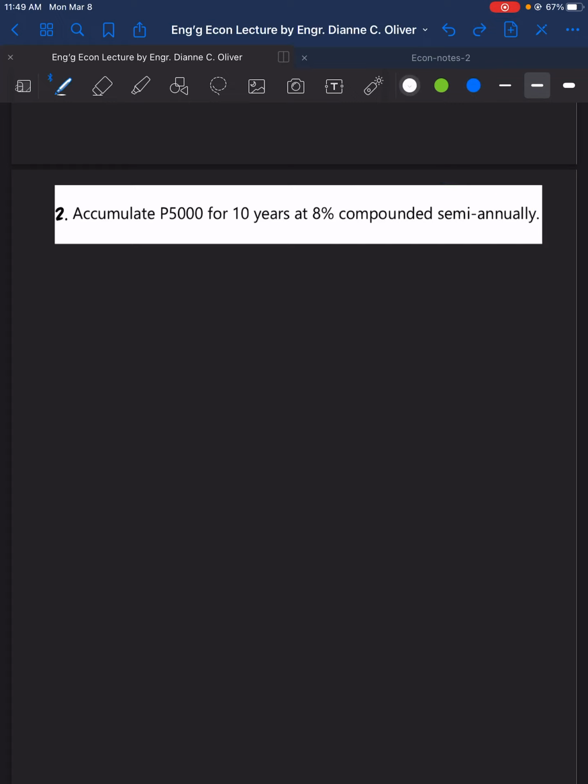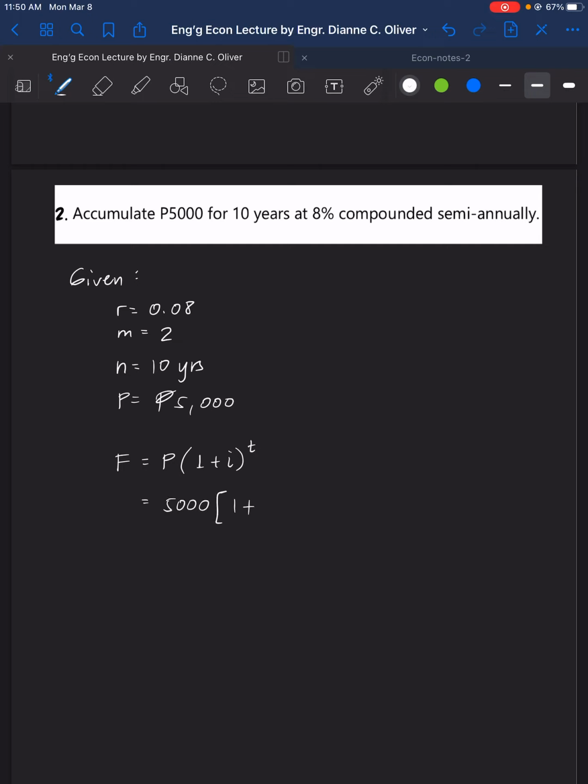So we have the given: R is equal to 0.08, M semi-annually is 2, N is 10 years, present worth is 5,000 pesos. Future worth is equal to P(1 plus i) raised to T. So that is now equal to 5,000 times (1 plus 0.08 divided by 2) raised to 10 times 2.